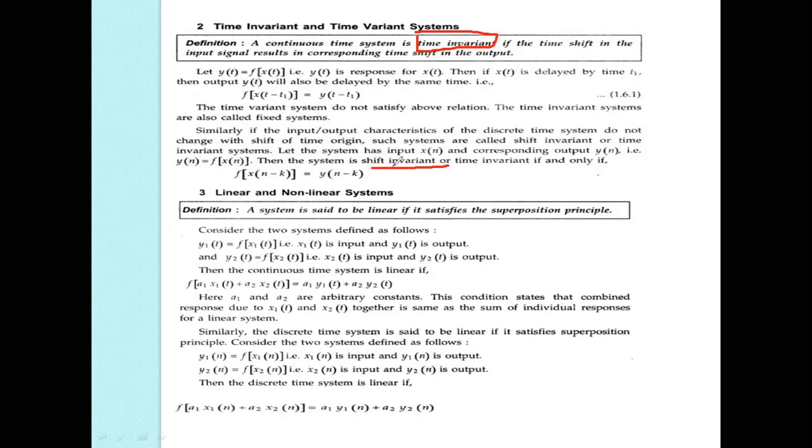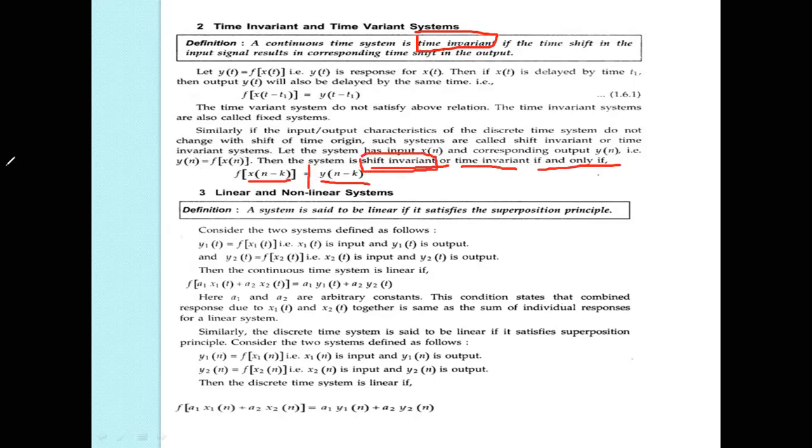In the discrete case we say shift invariant or time invariant if and only if f of x of n minus k, the input is shifted, the output is also shifted. Then we can call it time invariant or shift invariant.